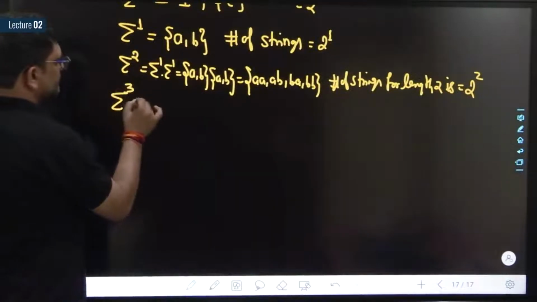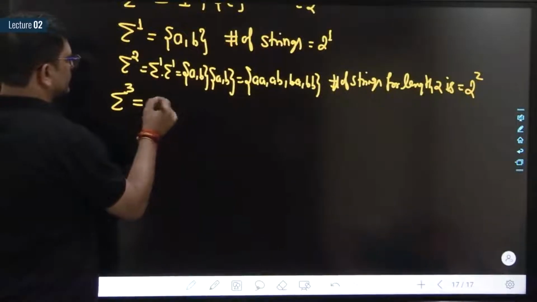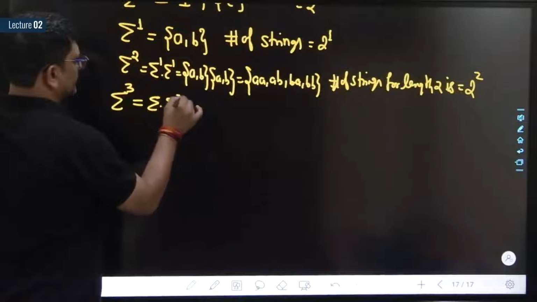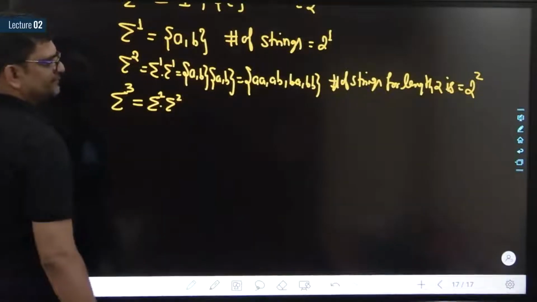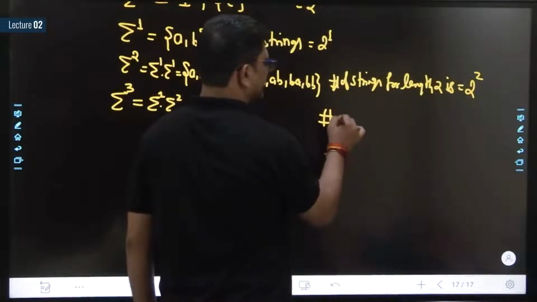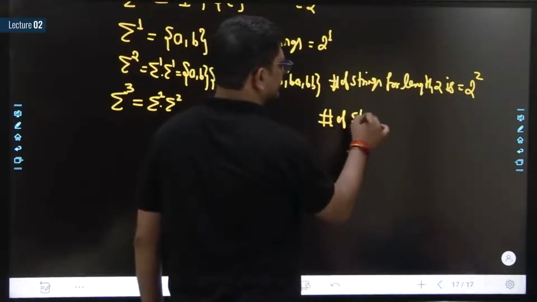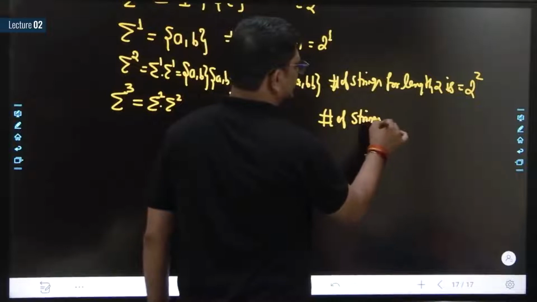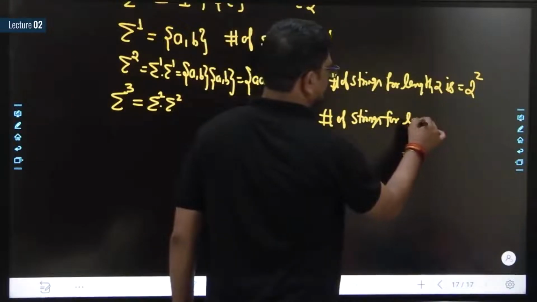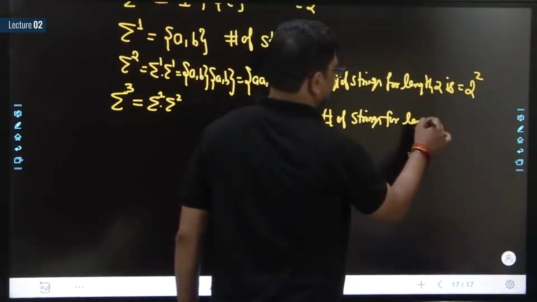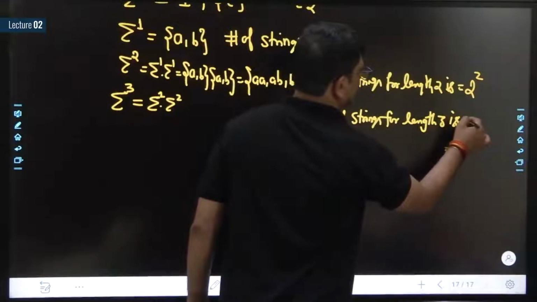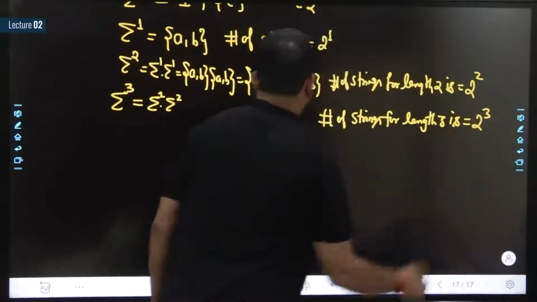What do you mean by sigma cubed? It is also written as sigma sigma sigma, then the number of strings for length 3 is 2 to the power 3, and so on.